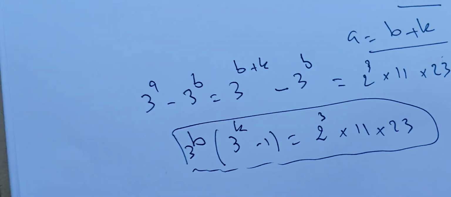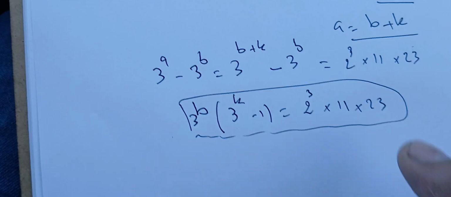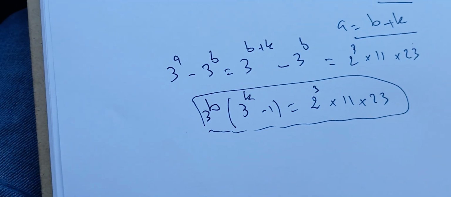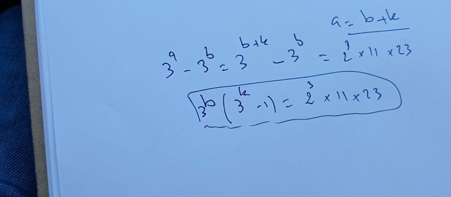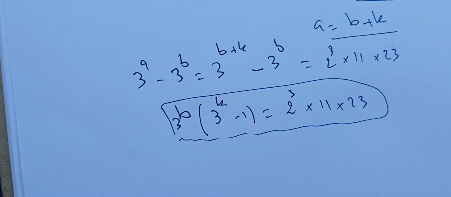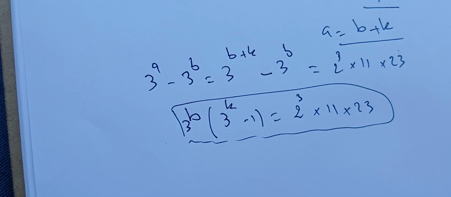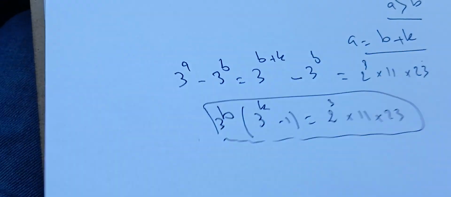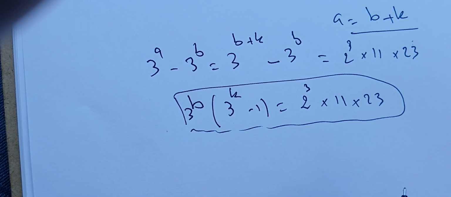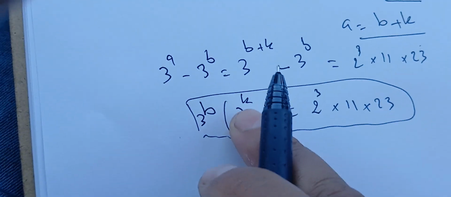Here we need to see some things. 23, 11, 2, and 3 are all prime numbers. That means their divisors are only 1 and themselves.